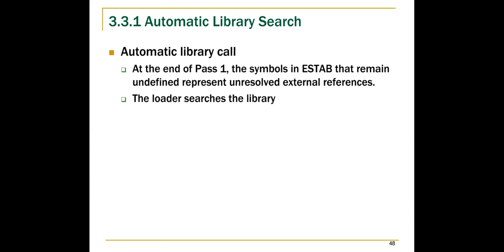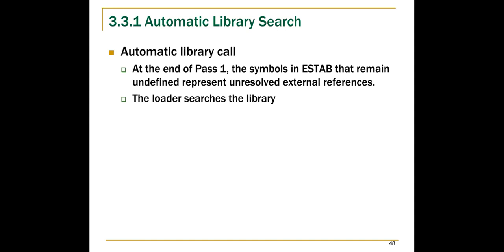So after the end of pass 1, it's going to check whether there are any symbols which have not resolved external references. If they are present, the loader is going to automatically search in the library and fetch them.